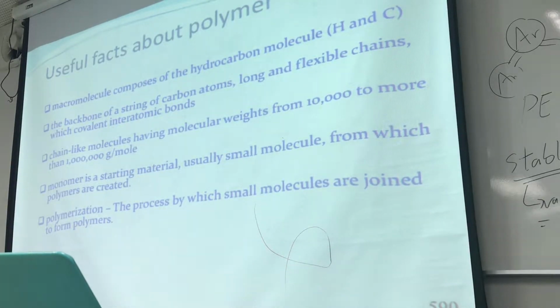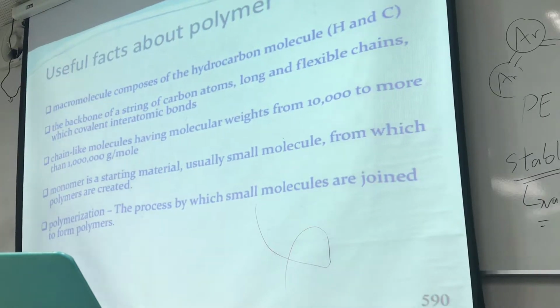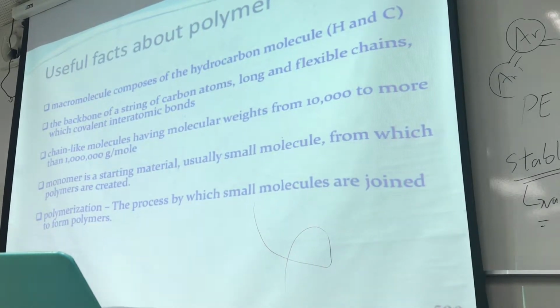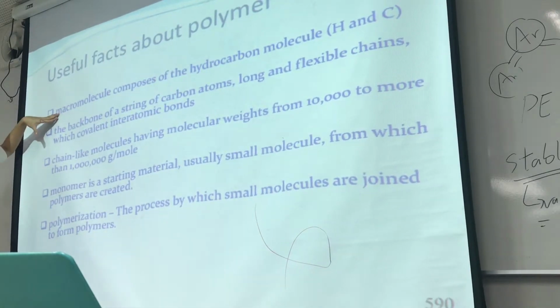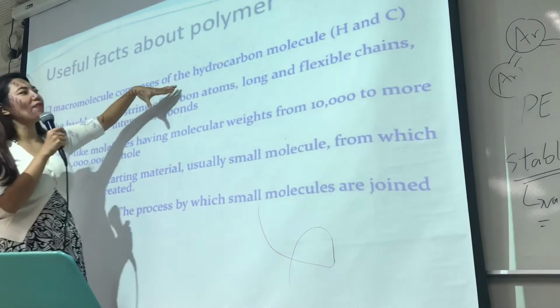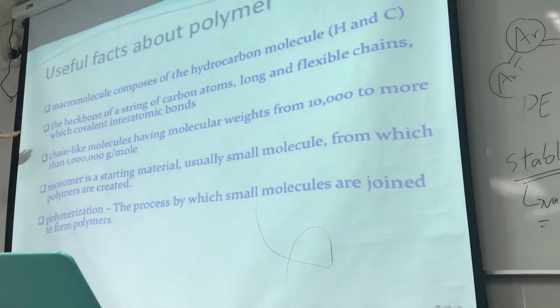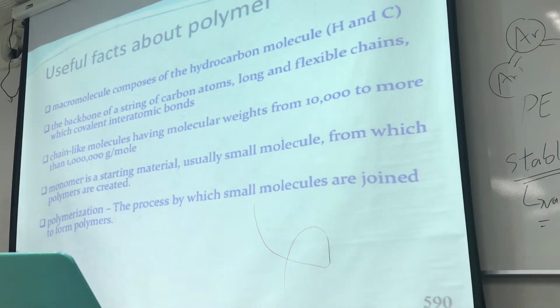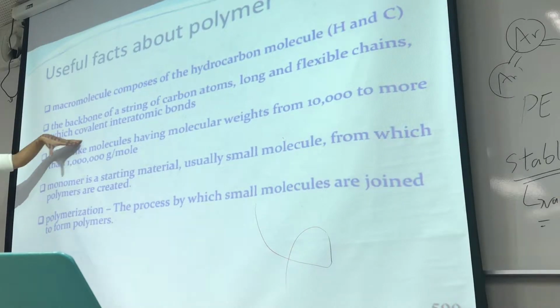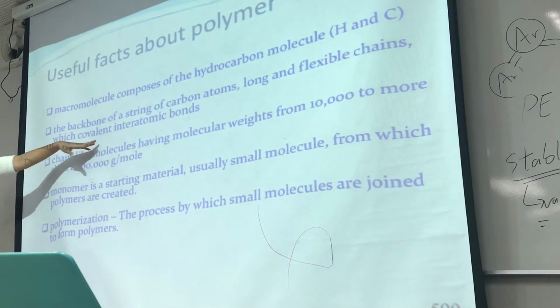But let us recap what we already learned previously, okay? Polymer consists of hydrogen and carbon, right? Agree with me? And then the backbone is carbon, so basically they have covalent bonds, as we just discussed.